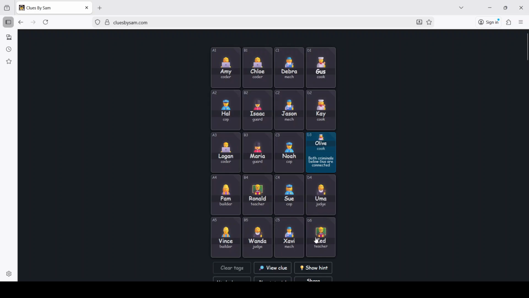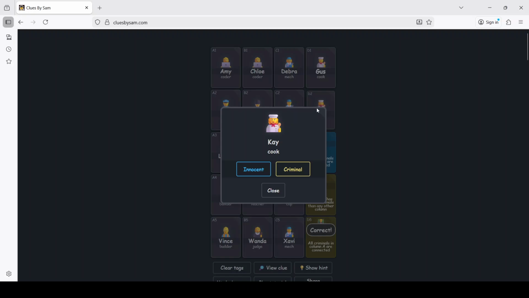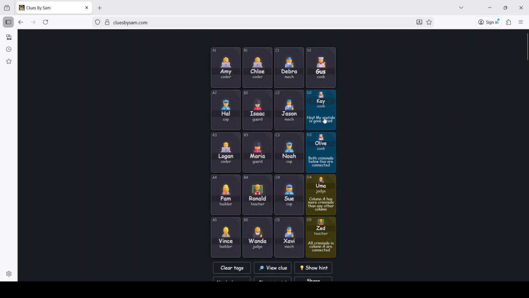Then in D4 and D5, we have Uma and Zed, respectively. If there are two criminals below Gus and they are both connected, that means it has to be Uma and Zed, because K is not connected to any possible criminals below Gus. It also means that Kay herself must be innocent.